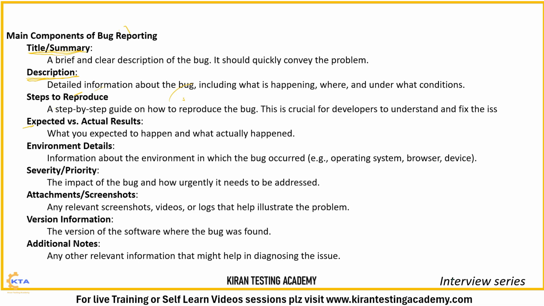All those things we need to explain in the description. And description plays a very important role in search criteria also. Whenever we have a number of bugs in the list, obviously while reporting a new bug, we will try to search whether this kind of bug already exists in the pipeline or not. We are going to check it. So for that also, description helps a lot.